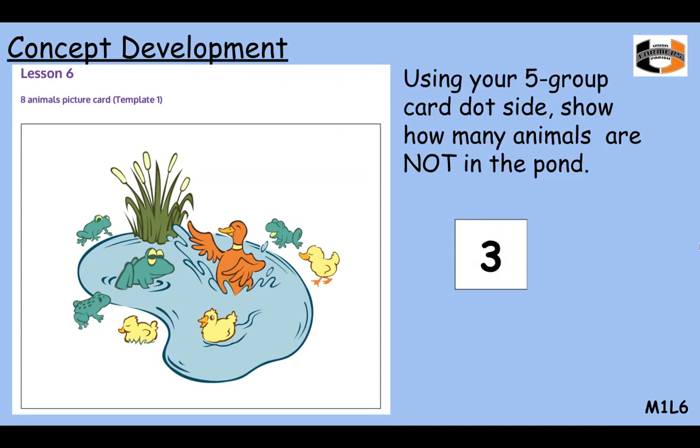Using your 5-group card dot side, show how many animals are not in the pond. Right, there are 5 animals that are not in the pond.